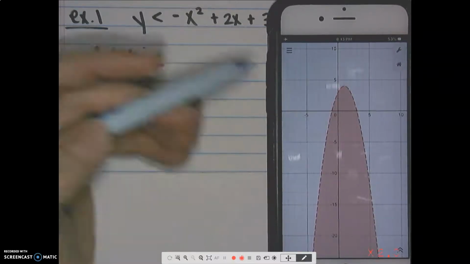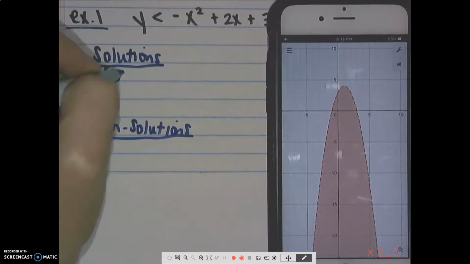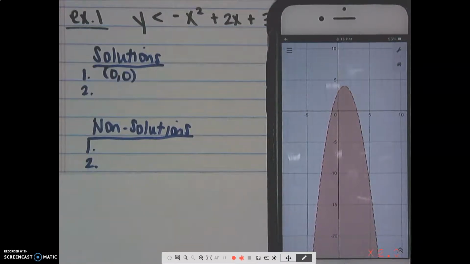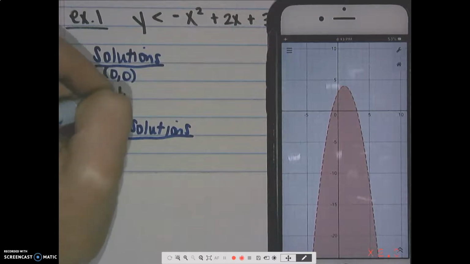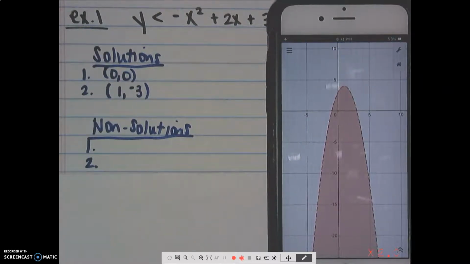So we're going to look for 0, 0, the easiest point to recognize. That is in the shaded area, so it is a solution. Another one that is a solution is the point 1, negative 3. I just chose 2 of them that are solutions. You can decide as well.